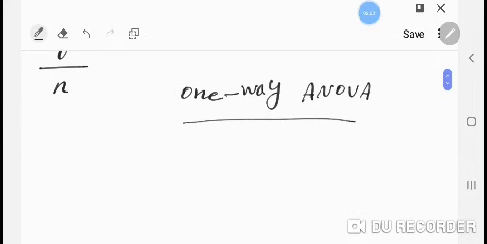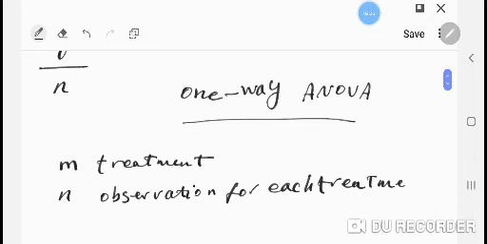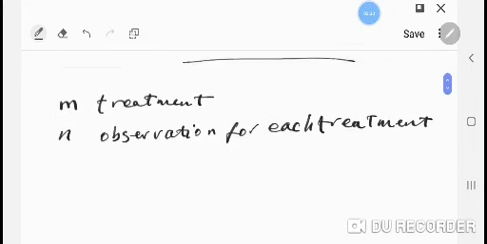If we have M treatments and we take n observations for each treatment, the results can be shown as the following table.